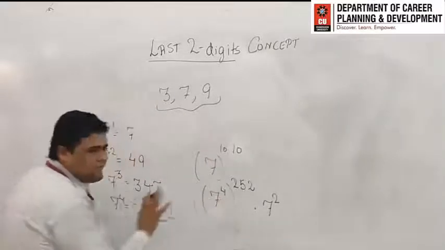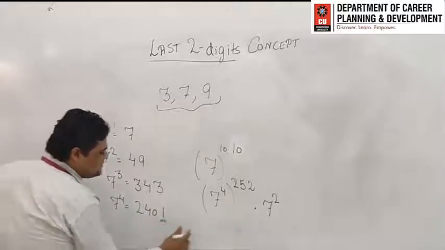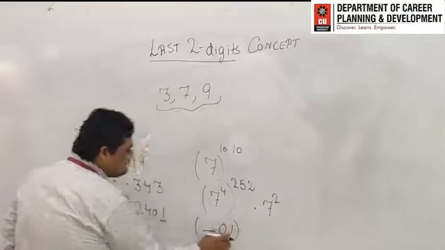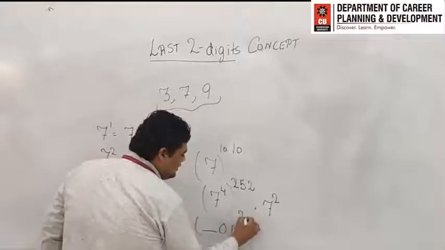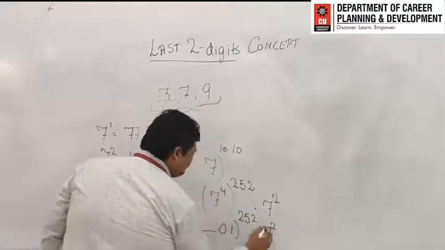Now we just have to find the last two digits. The last two digits of this will be 01. We don't want the remaining number, we just want the last two digits. It will be 01 raised to the power 252, multiplied by 7 square.